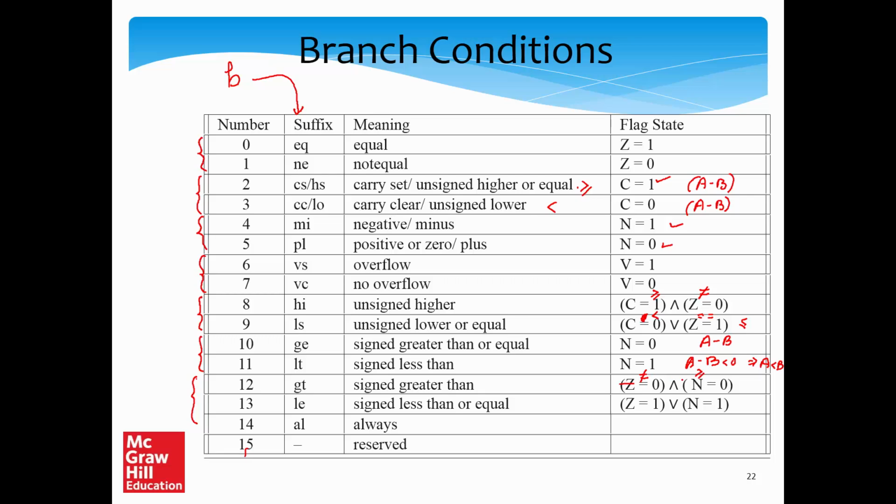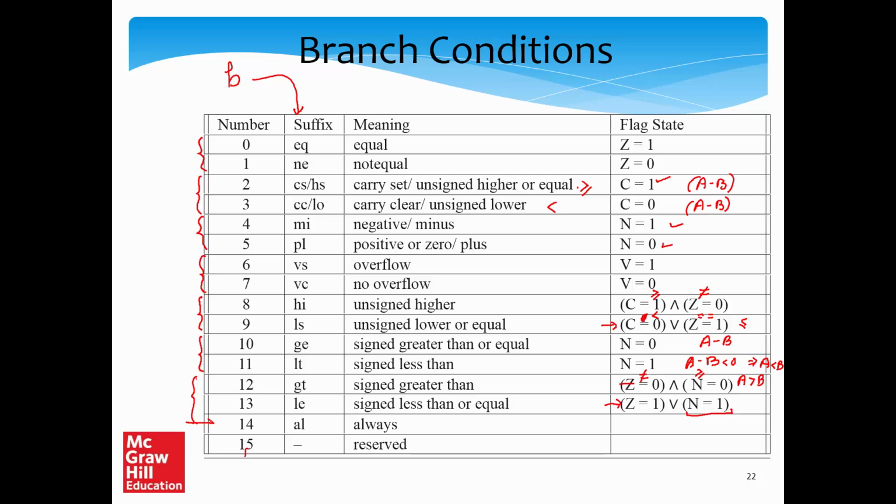The same logic holds: if A is greater than or equal to B and A is not equal to B, then A is greater than B. The same logic holds for signed less than or equal. If you consider this expression and this expression, they are equivalent. The Z flag needs to be 1, which means either there is equality or there is less than. This is the condition for unsigned less than, and this is the condition for signed less than.